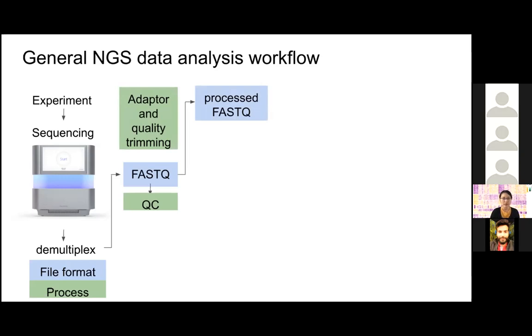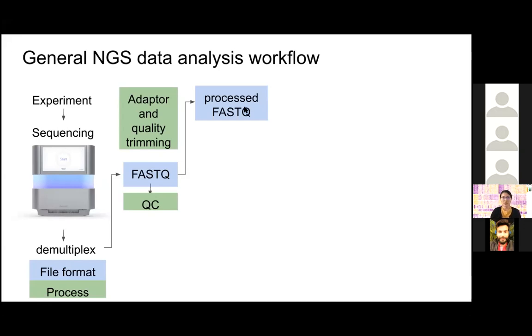For example, one common problem is that we might be sequencing into the sequencing adapters, which is the part of the sequence that doesn't come from our genomes, and it might affect our downstream analysis. So oftentimes we would perform adapter trimming to get rid of these sequences. In addition, we might want to trim off the bad quality bases to improve our alignment accuracy.